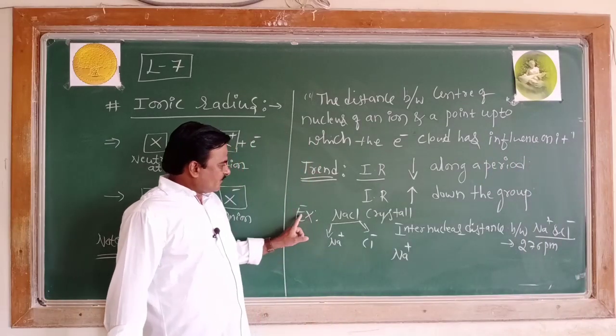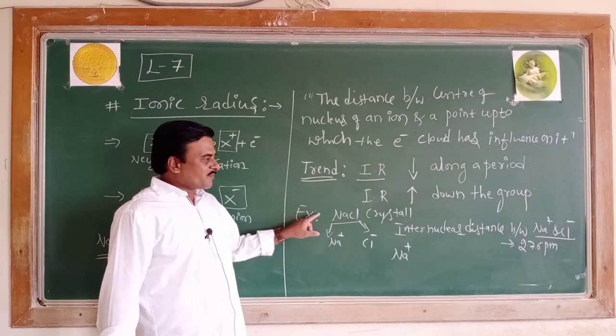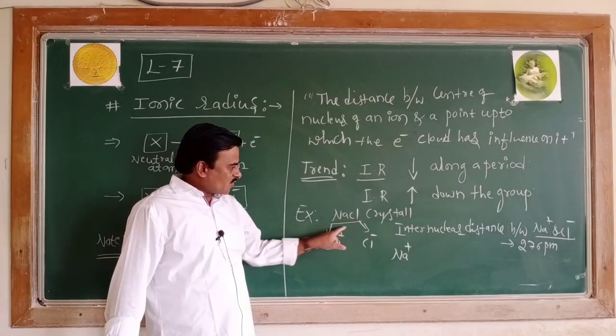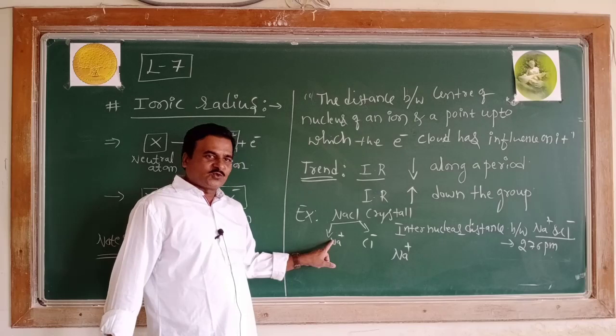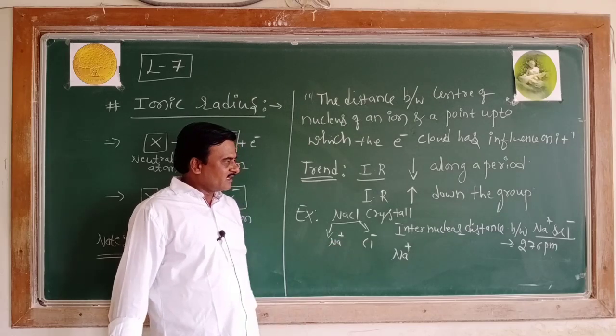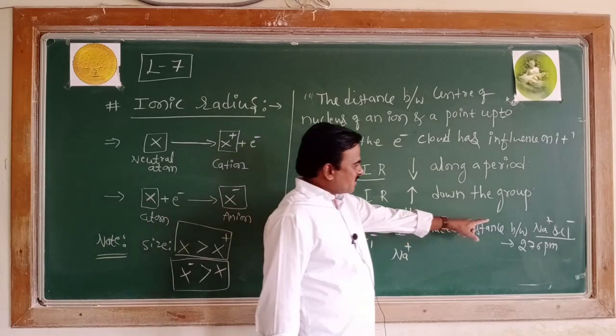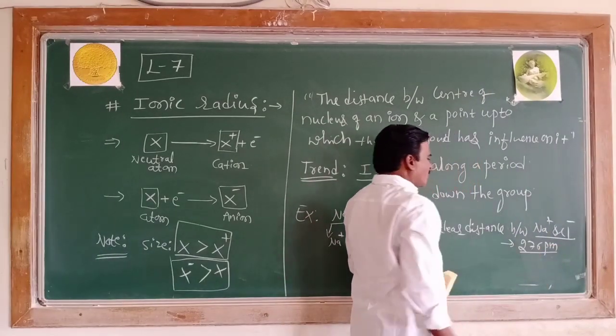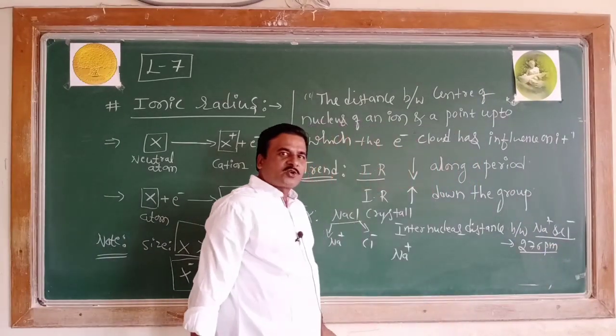Well, students, the example of a sodium chloride crystal. As sodium chloride is an ionic compound consisting of two ions, sodium ion and chloride ion, the internuclear distance between sodium and chloride ion by the X-ray studies was found to be 276 picometer.